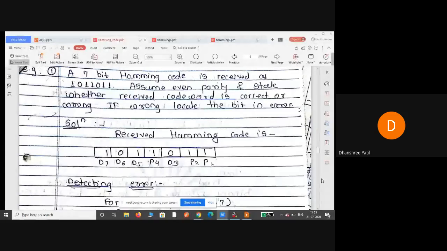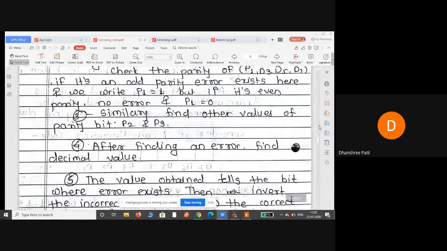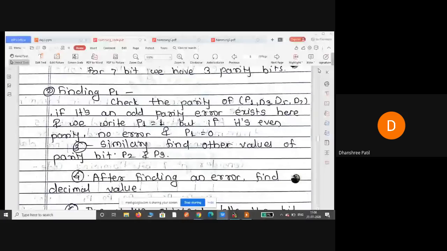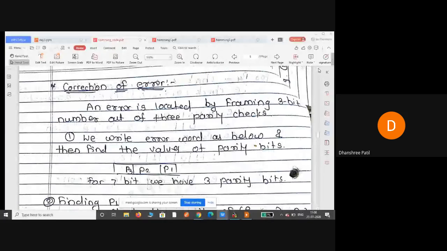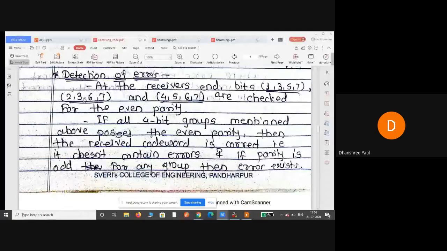Okay, now the main part that we have to see is how to check the error and how to correct that error. The first step to check whether your Hamming code contains any error or not is to check certain combinations or groups for the given data. These groups are fixed: 1357 for P1, 2367 for P2 and 4567 for P4.